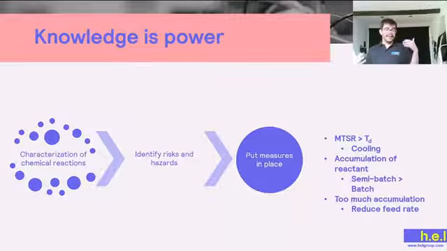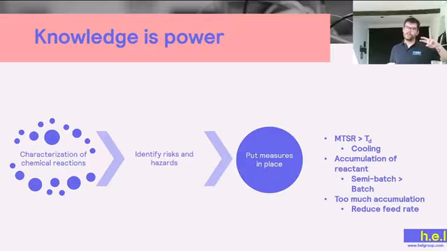It can also be the case that we wanted to add all our reactants into the reactor, and then we observed that this is going to generate a huge MTSR. So maybe we want to move from a batch approach to a semi-batch approach in which we slowly feed one of the compounds into the reactor.